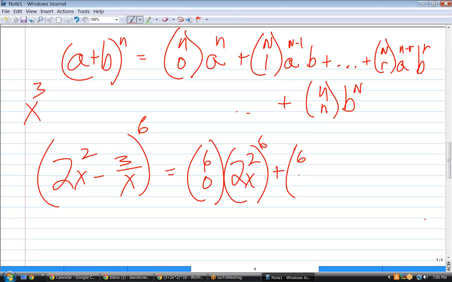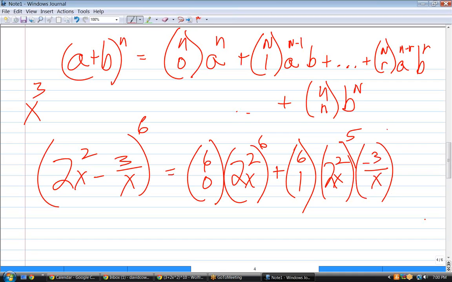This is 6 choose 1, 2x squared to the 5th, minus 3 over x to the 1st. Yeah. So this exponent's going to count down. This exponent's going to count up.